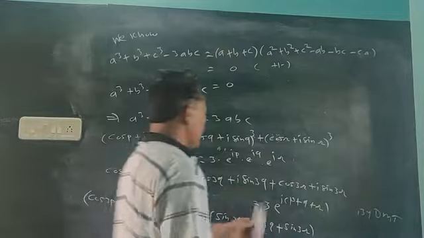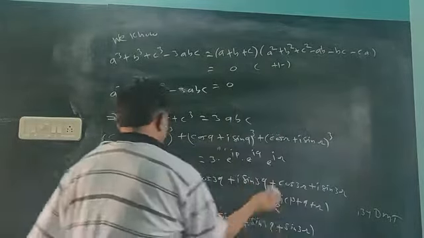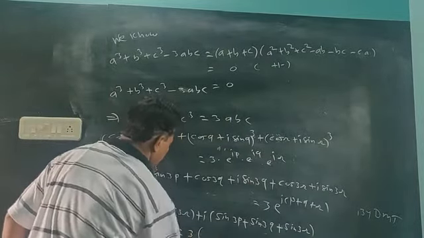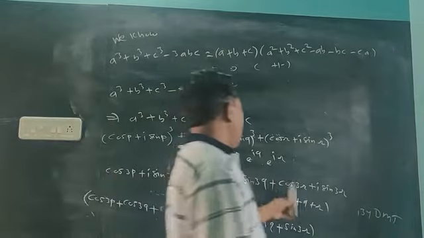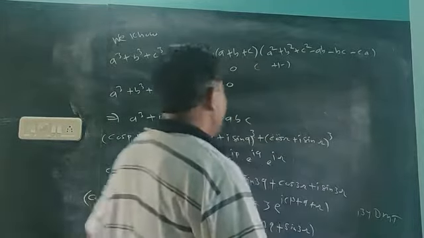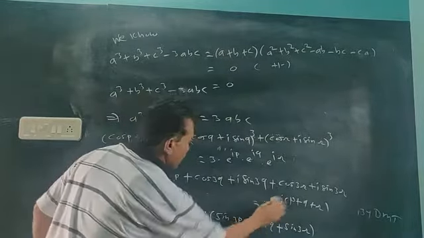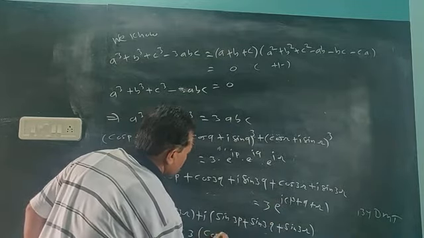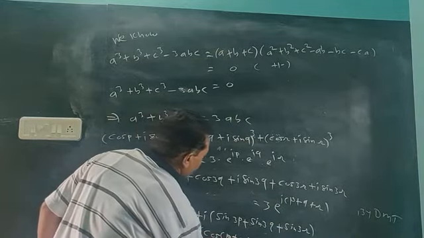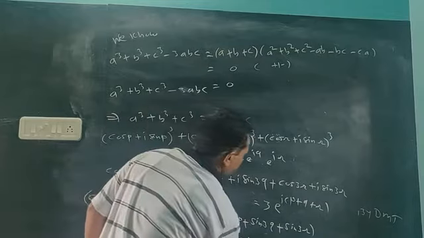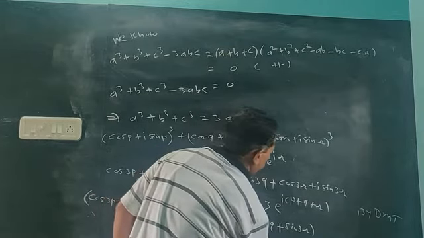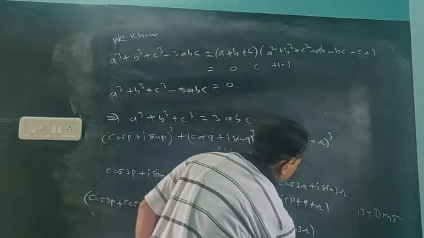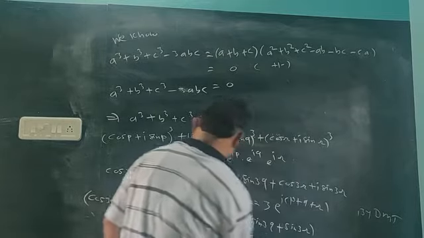Now the right side, e raised to power i theta, convert again to trigonometry: cos theta plus i sin theta. So cos of (p plus q plus r) plus i times sin of (p plus q plus r).